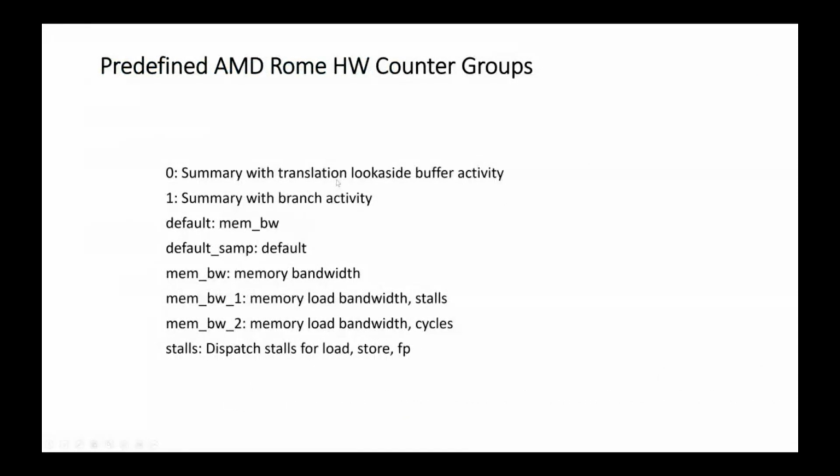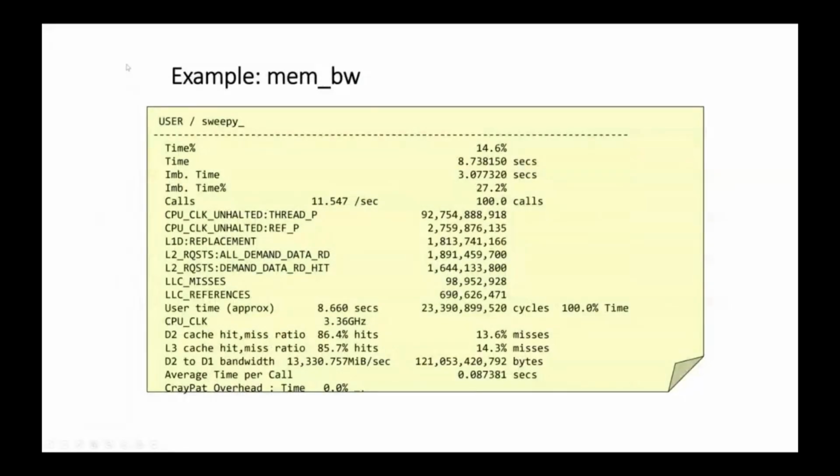Basically, there will be a summary with TLB activity. There's a summary with branch activity. You can get memory bandwidth. You can get memory bandwidth stalls and cycles, and you can get what instructions have been dispatched and stalled as well. So this is an example of using CrayPat to get memory bandwidth from the hardware.